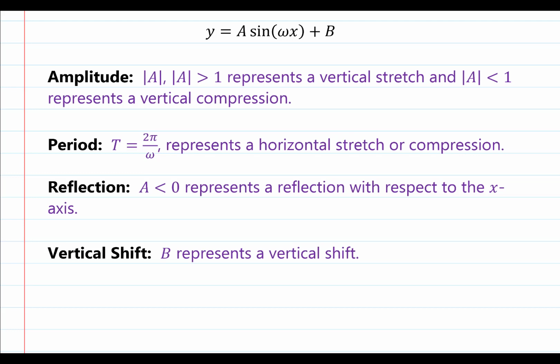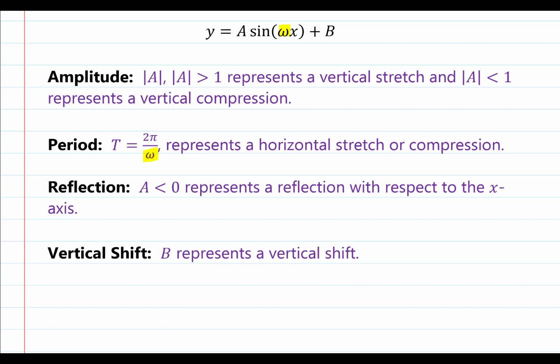The period is going to be T, which is equal to 2 pi divided by omega. So you'll notice you have the variable omega, and you'll have some value for omega in your sine equations, and so you'll replace omega in this equation and solve for T. This value, this T, represents the period.